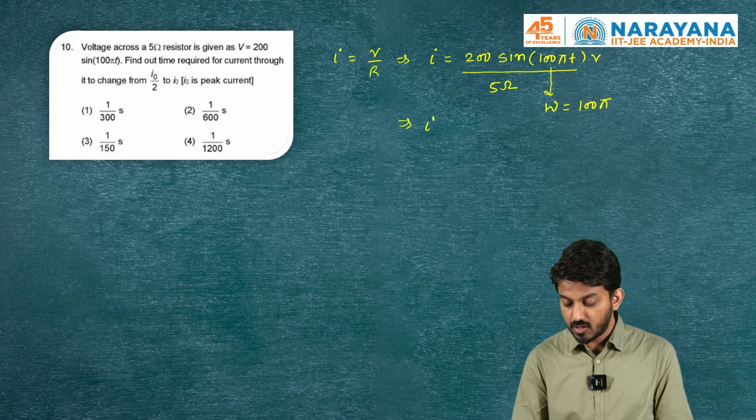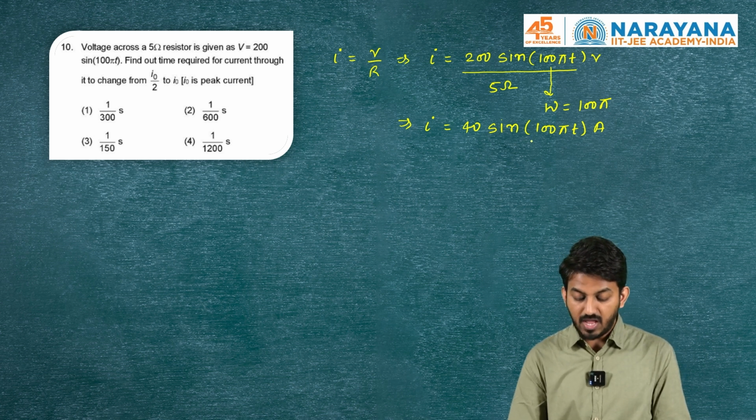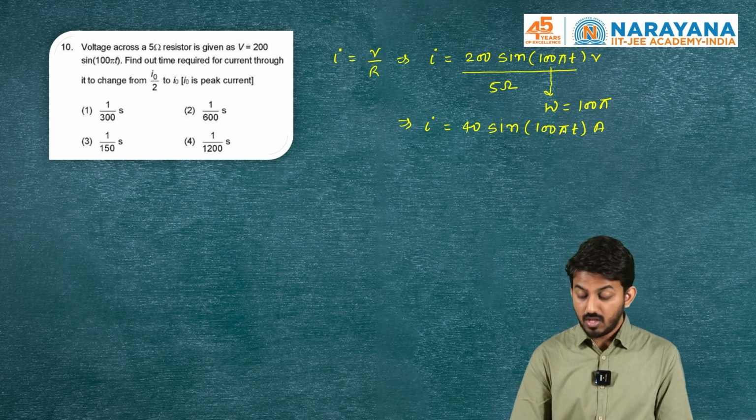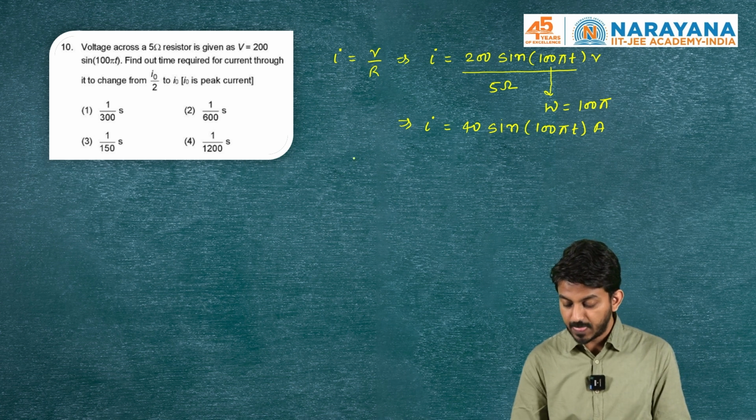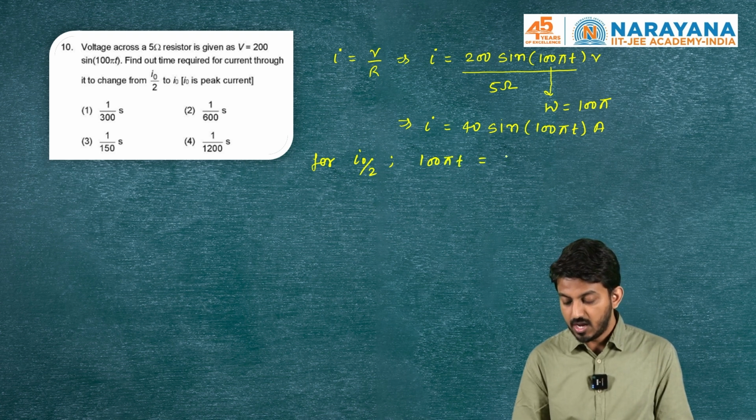So, if I go further, I write down 40 sine 100 pi t ampere. Now, for this value to be I naught by 2, I want this phase value for I naught by 2, 100 pi t needs to be equal to pi by 6.